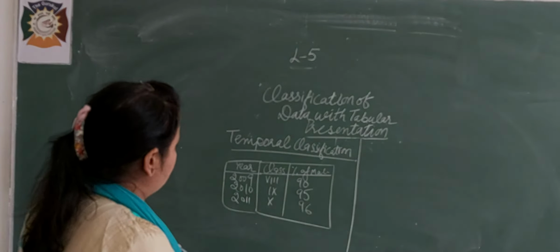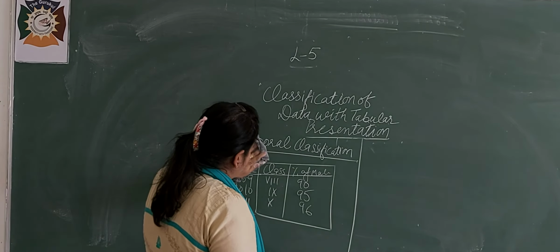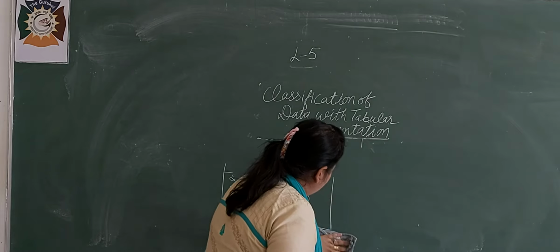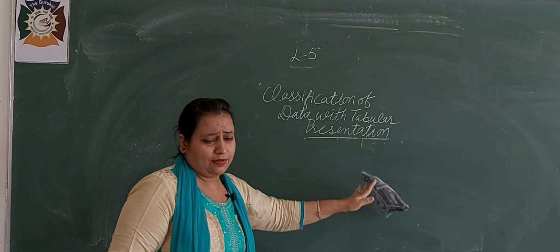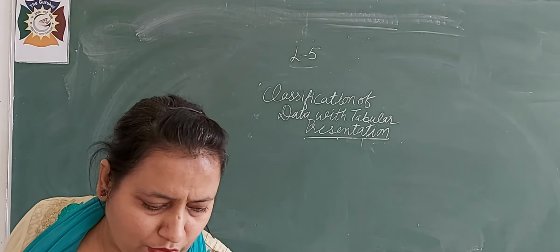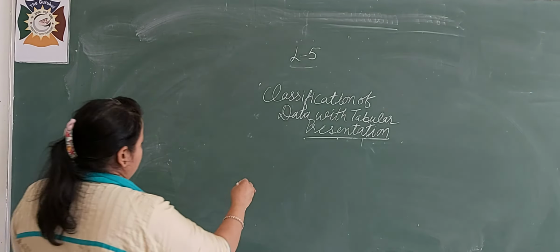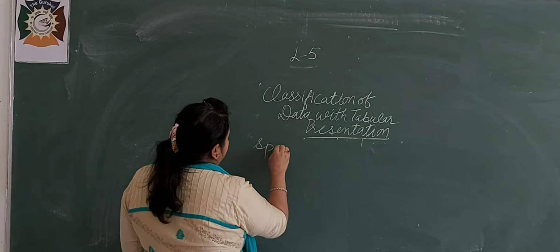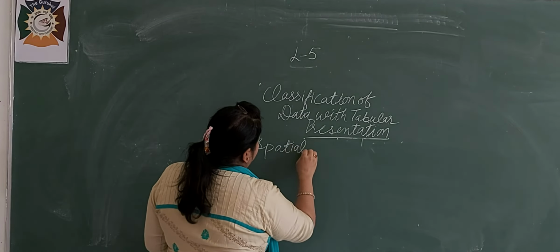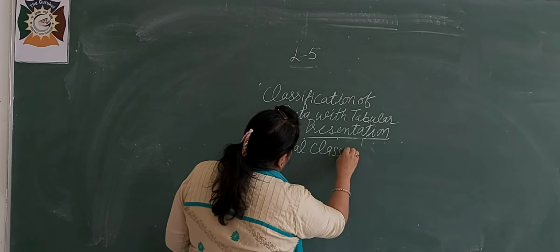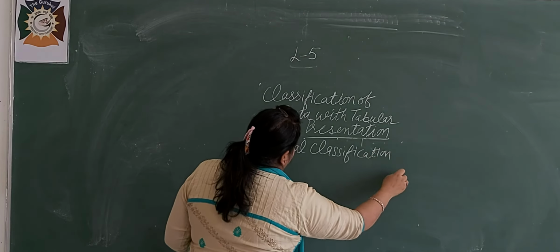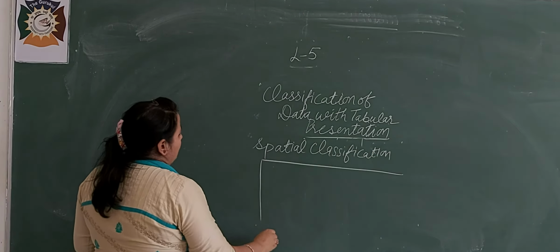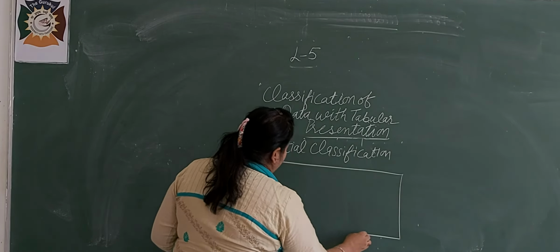Next and last is spatial classification or geographical classification, that is based on the location. So you will write spatial classification. This is the last classification, and tabular presentation, in which I can say this is according to location or according to geography.